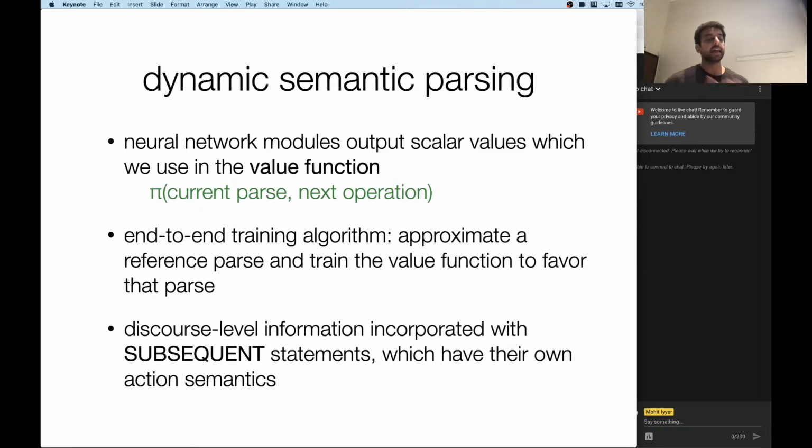And then you just train your model to favor the best parse that you found in your search and downweight some of the worst ones that you found in your search. And you just let that keep going. Your model will start to assign more reasonable scores to things that you find in your search. Your search will start producing better and better logical forms until eventually you might have a good semantic parser.